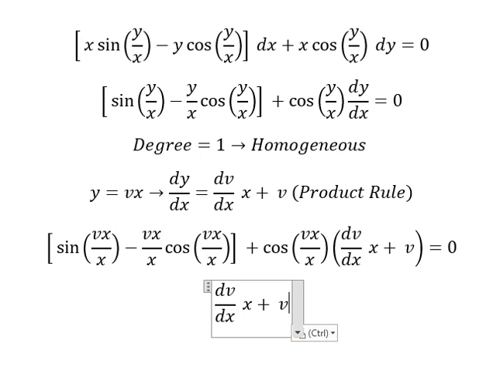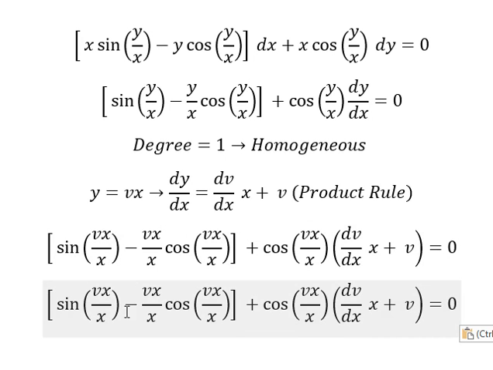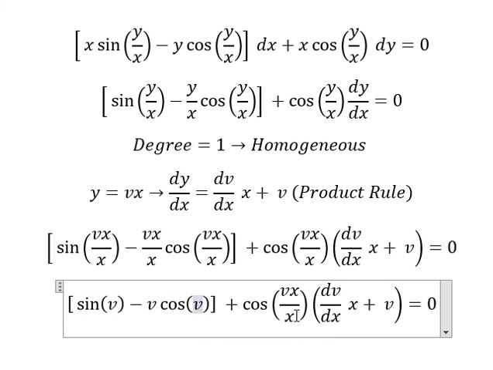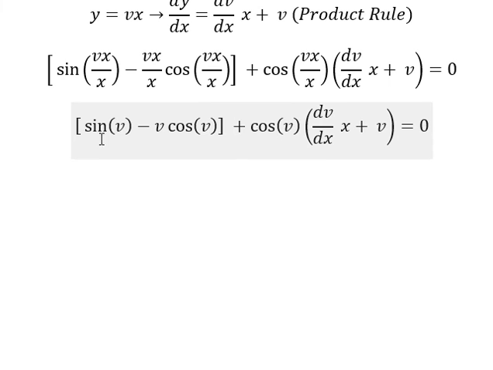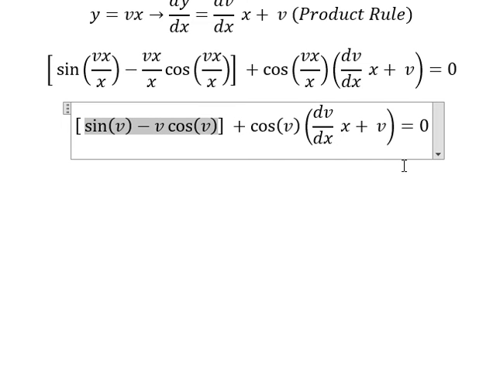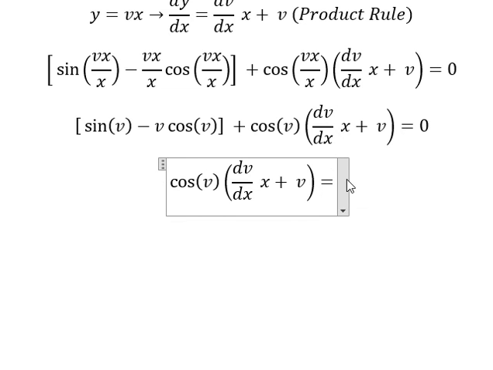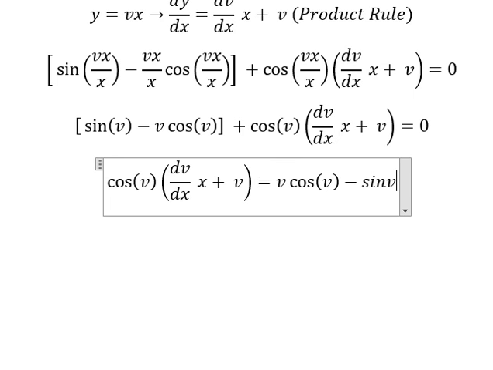So we need to simplify x, and we have like this. Next, I will put this one to the right, and we have v cosine v minus sine v.